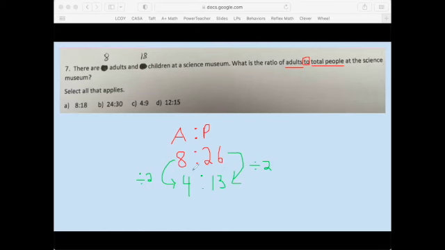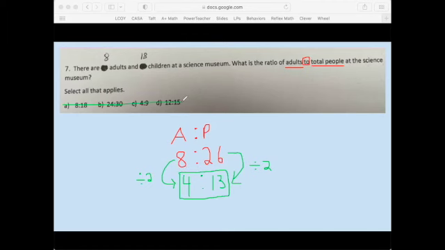Okay? And can I divide 4 and 13 even more by the same number? Nope. They're not divisible by the same number. And when I look at my answer choices, I still don't see 4 to 13. The reason is I made a mistake. When I changed the numbers for the practice test, I forgot to change the answer choices. So the answer is 4 to 13, I promise you, and none of these apply.